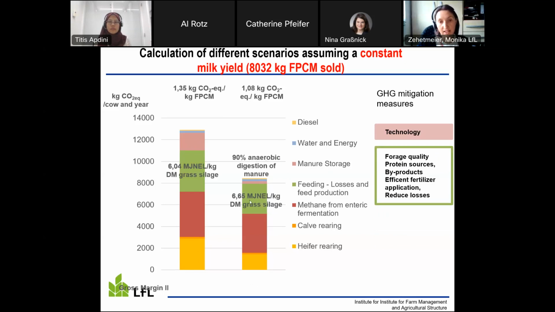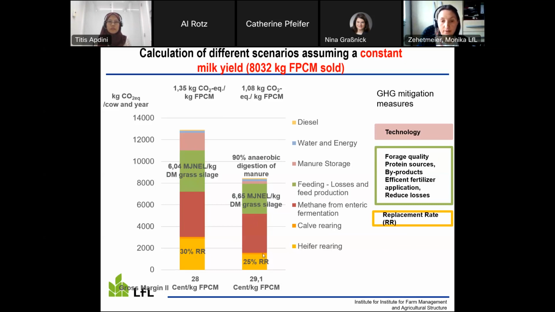Then we changed, for example, the energy content of the grass silage from 6.0 to 6.6, so higher quality of grass silage per kilogram dry matter. And we reduced the replacement rate.